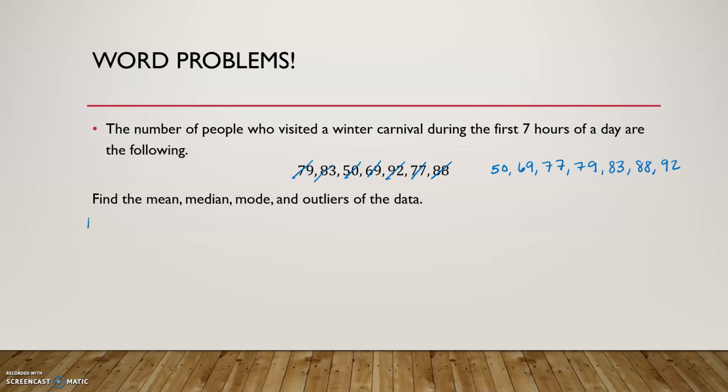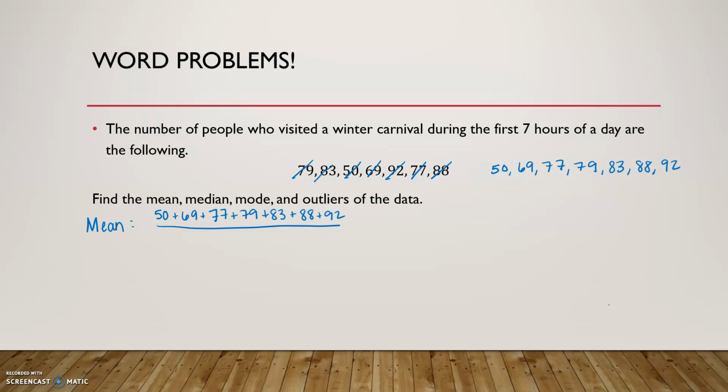So to find the mean, I'm going to add all of those numbers together. It's kind of nice when they're all positives. Then I'm going to divide by how many terms I have. I have 1, 2, 3, 4, 5, 6, 7.